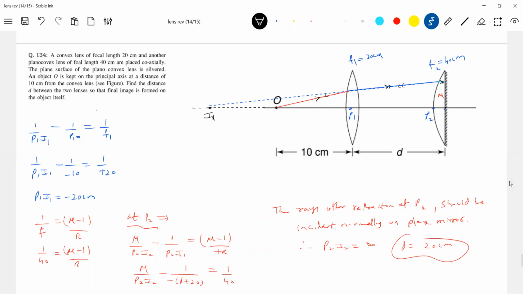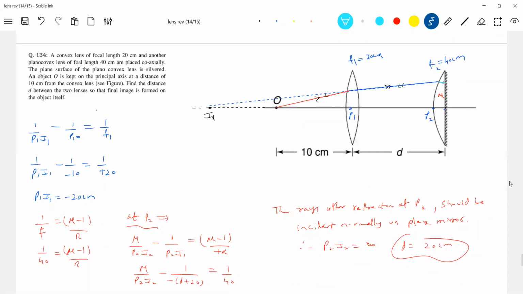So after refraction, they should become horizontal here. It should be incident normally here. There's no necessity for you to fight with anything here.